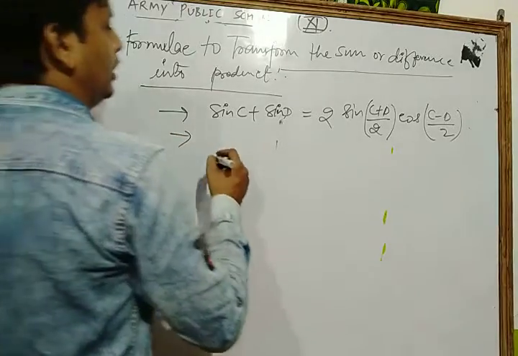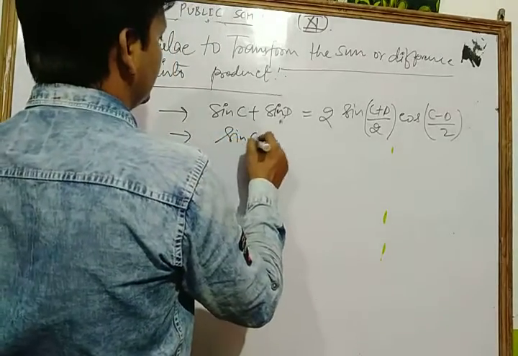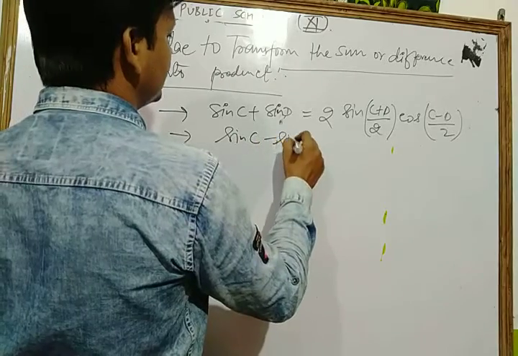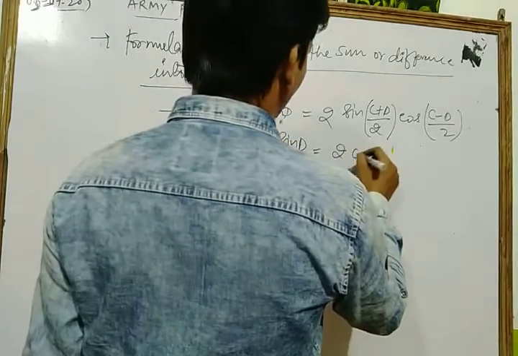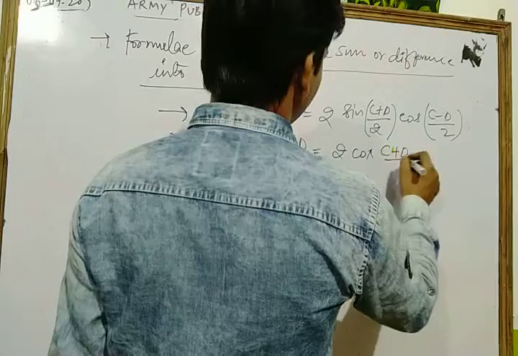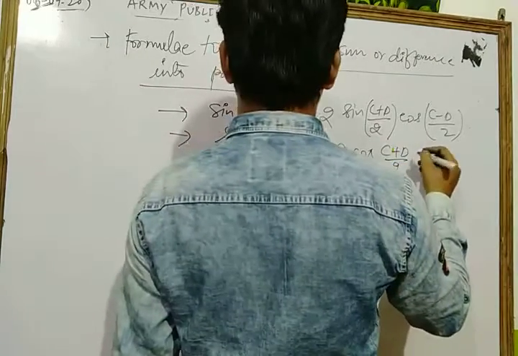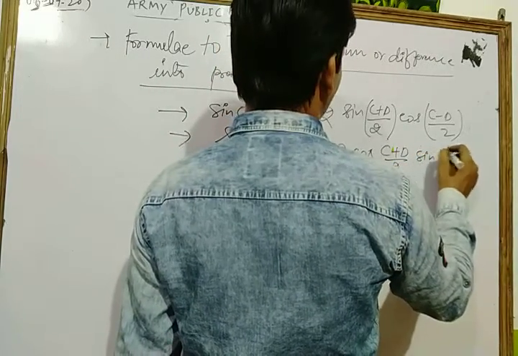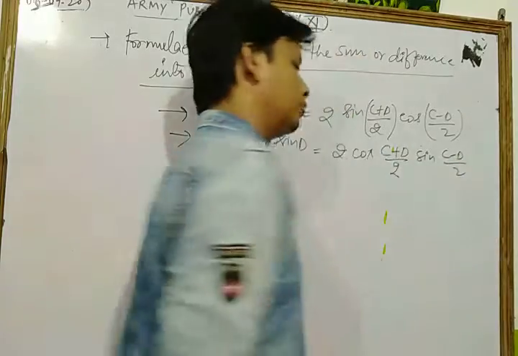Okay, now next one, sin C minus sin D. This is 2 cos (C plus D) by 2 into sin (C minus D) by 2.